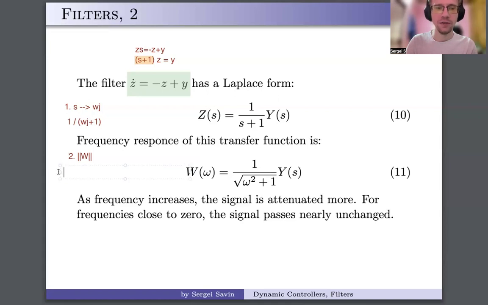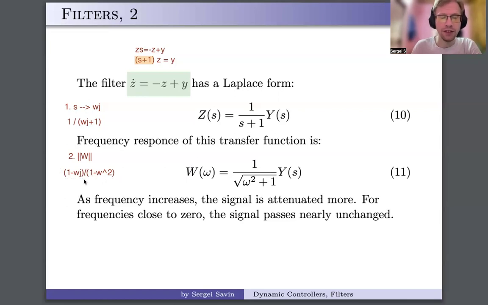So you would get something like 1 minus omega j upstairs, right? And downstairs you would get 1 plus omega squared, something like this, right?